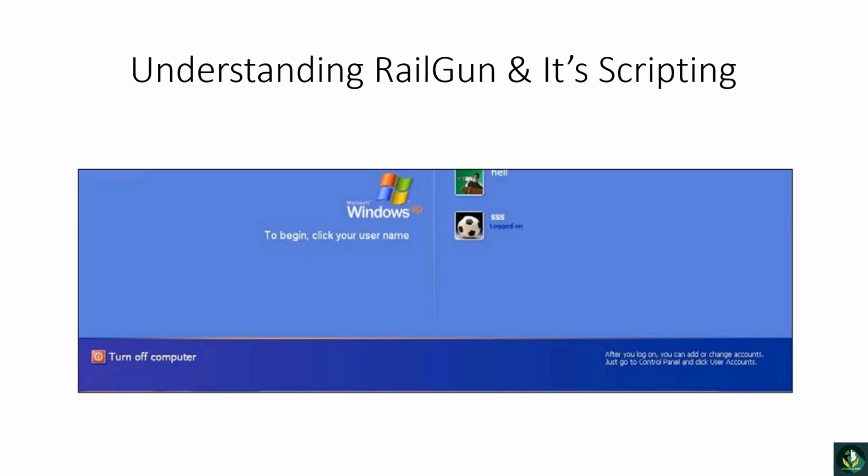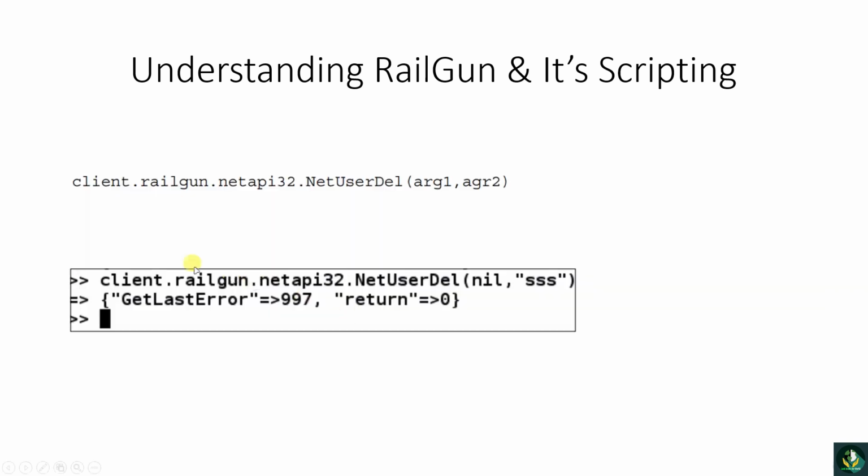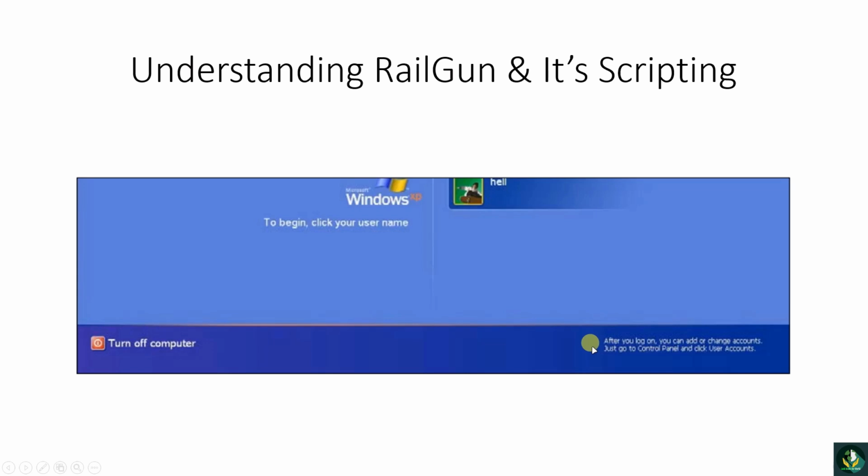So next let's see an API call with parameters. So this is the API. When this command runs, it deletes a particular username from the client machine. So if you try to delete the SSS username, as you can see in here, the user seems to have gone missing.